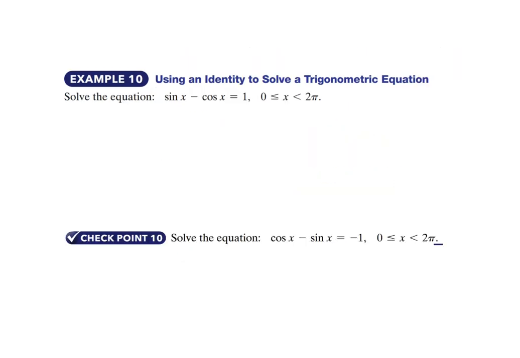All right, example 10, we'll solve this equation again using an identity. I'm going to square both sides. So that's going to give me sine squared of x minus 2 sine of x cosine of x, because I'm FOILing that left side, plus cosine squared of x equals 1.